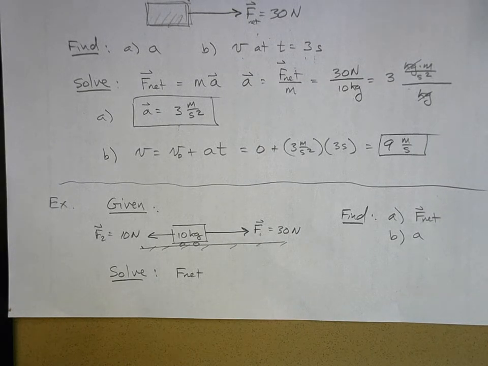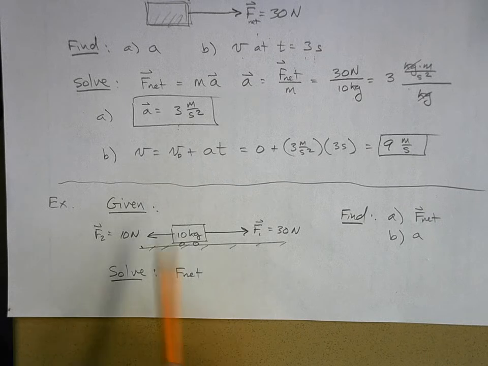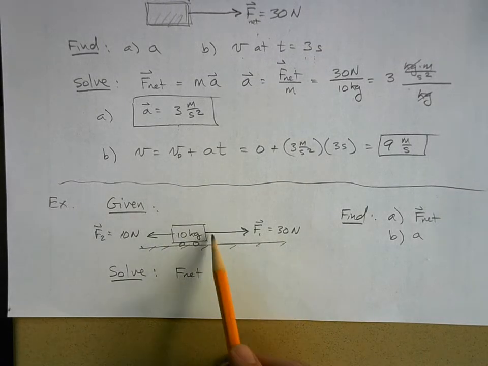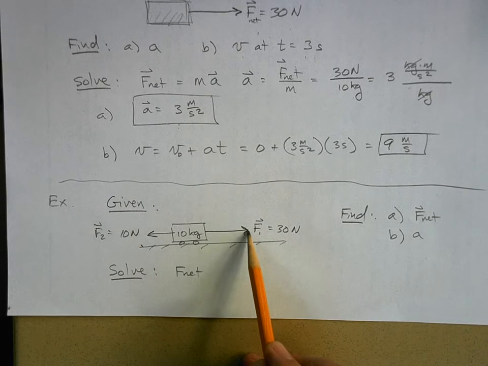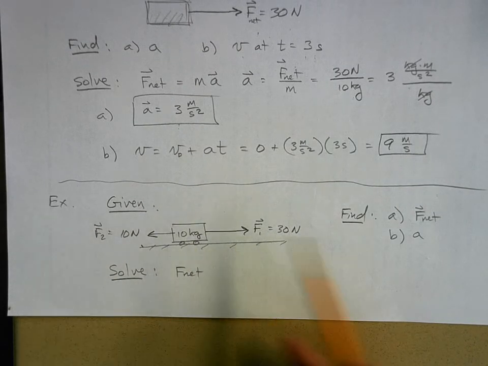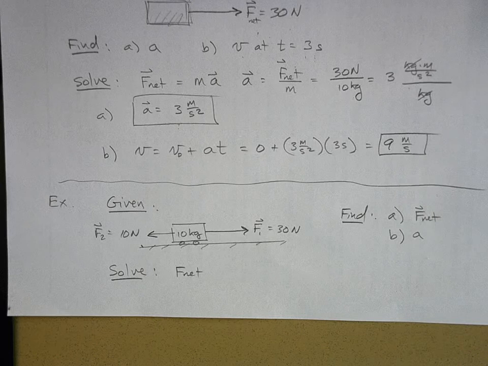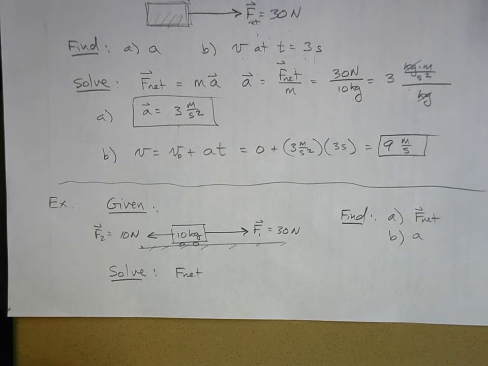To the right. Now, how did you get 20? Okay, 30 minus 10. But really what you did is vector addition, didn't you? You added these as vectors. You said 30 newtons to the right plus negative 10 newtons to the left, or negative 10 newtons in the x direction.